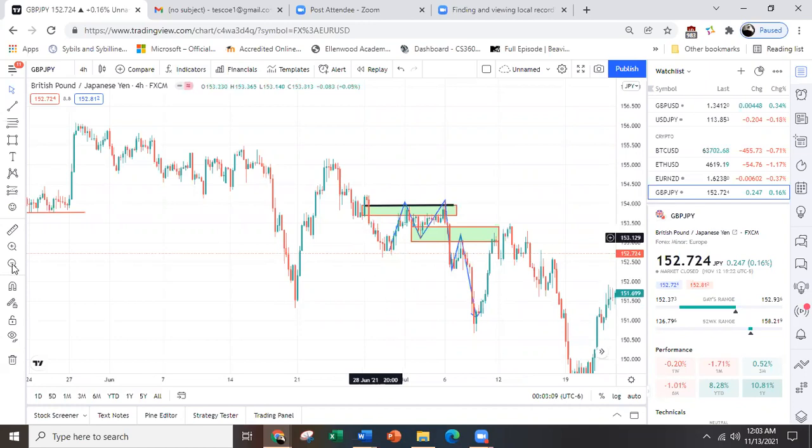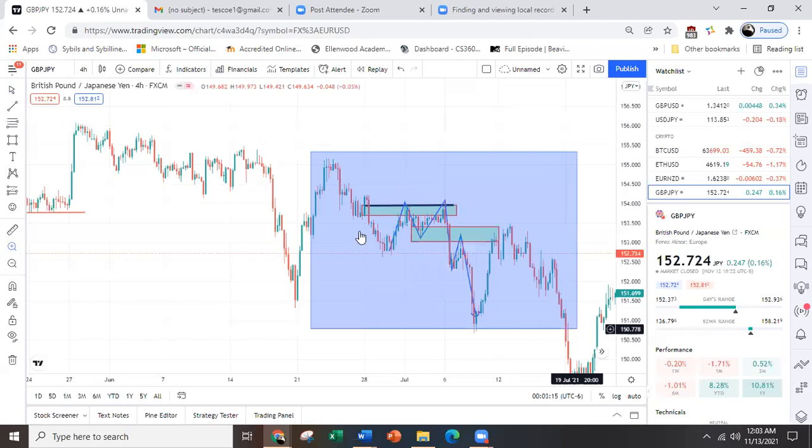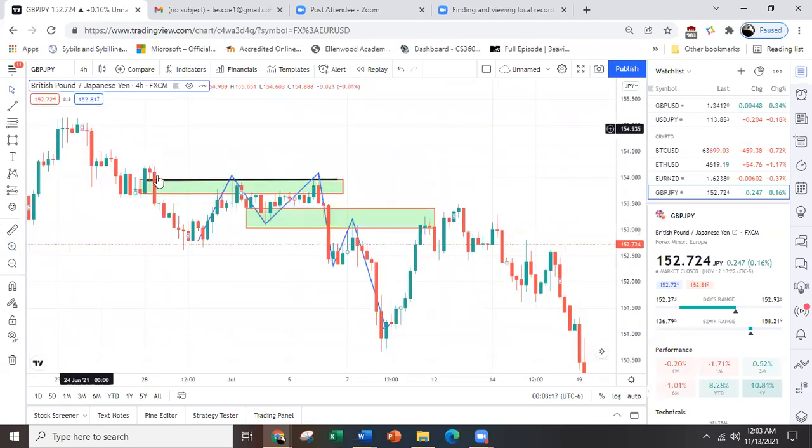So let's break down this whole piece right here as to what price did. All right, so we got this high right here. Price starts to bust down. This bullish candle right here becomes our order block once price takes out the low of that candle. So we look for price to retrace back into this candle.